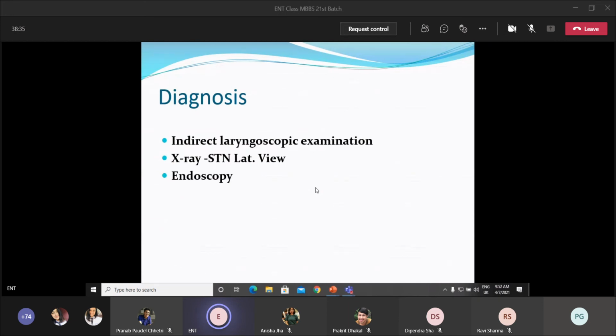Diagnosis, again, X-ray soft tissue neck lateral view, indirect laryngoscopic examination with IL mirror and nasopharyngeal laryngoscopy. But you need to take a biopsy and confirm it histopathologically.